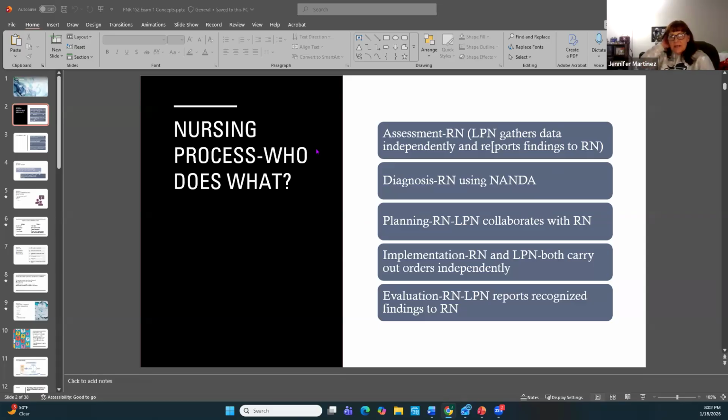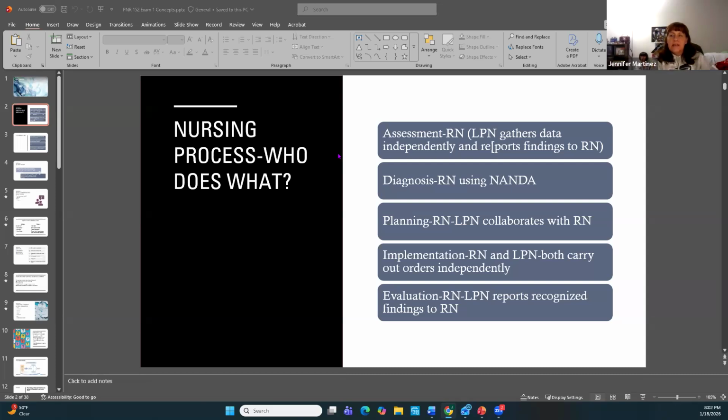So assessment is RN. The LPN gathers data independently and reports findings to the RN. The RN will do the nursing diagnoses using the NANDA. Then planning, the RN and the LPN will collaborate together. And then implementation, the RN and the LPN both carry out orders independently. And then the evaluation, the RN does that, but the LPN will report recognized findings to the RN.